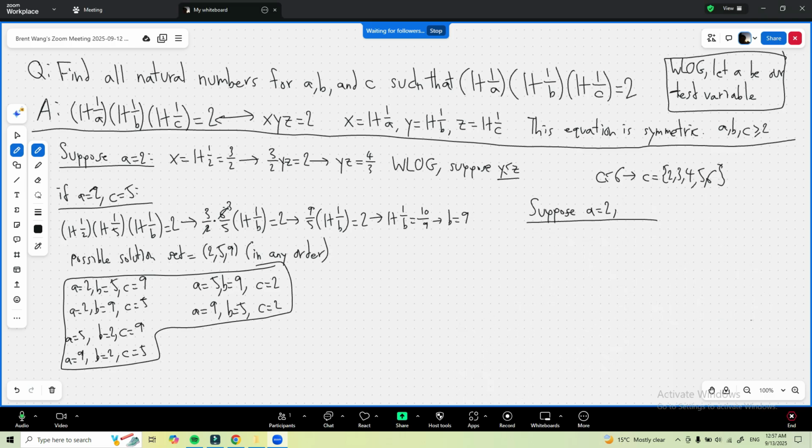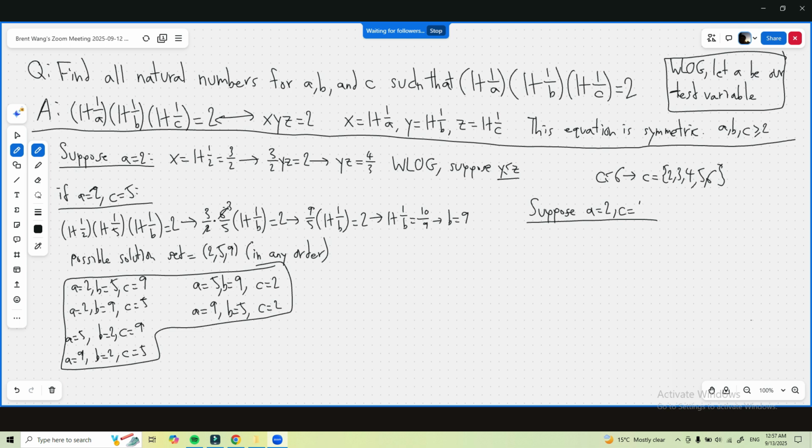Let's keep going down the line. Now suppose c were to equal 4. Then you'd have 1 plus 1 over 2 times 1 plus 1 over 4 times 1 plus 1 over b is equal to 2. 3 over 2 times 5 over 4, times 1 plus 1 over b equals 2, so 15 over 8 times 1 plus 1 over b equals 2.